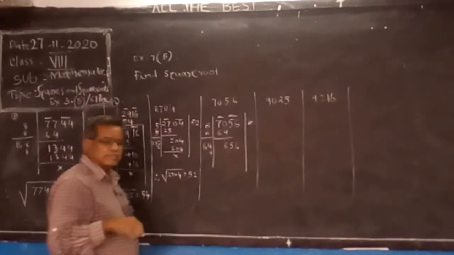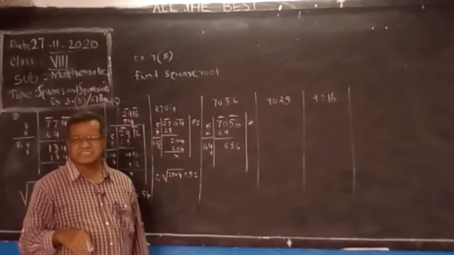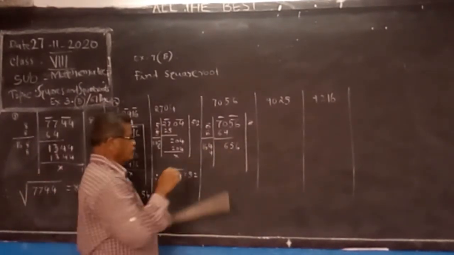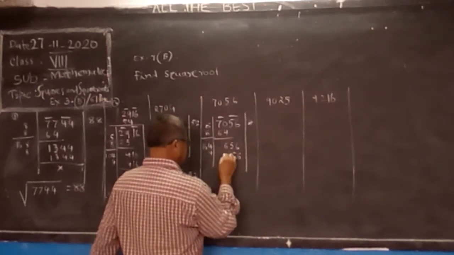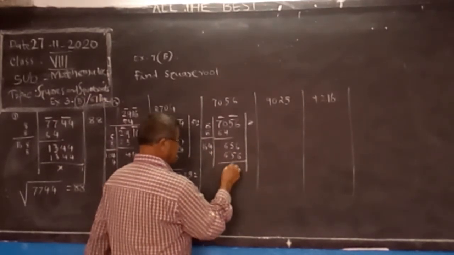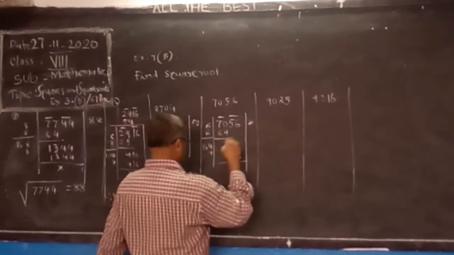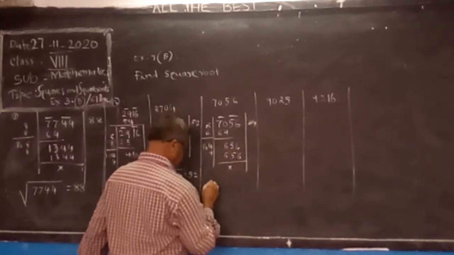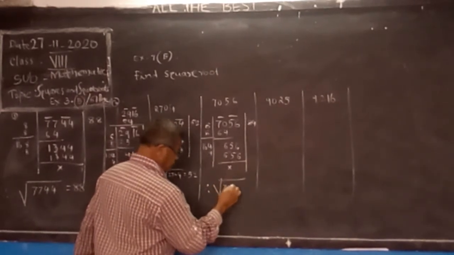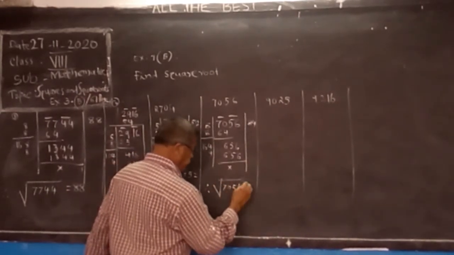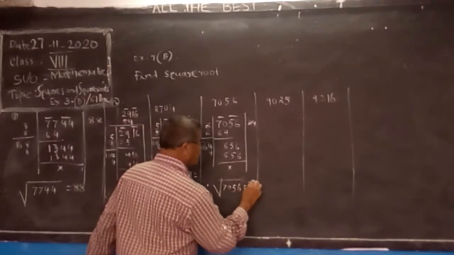If 4 is not possible, it will go to 6. 4 fours are 16, 24 plus 1 is 25, 56, remainder 0. So 84. Therefore, the square root of 7056 is 84.